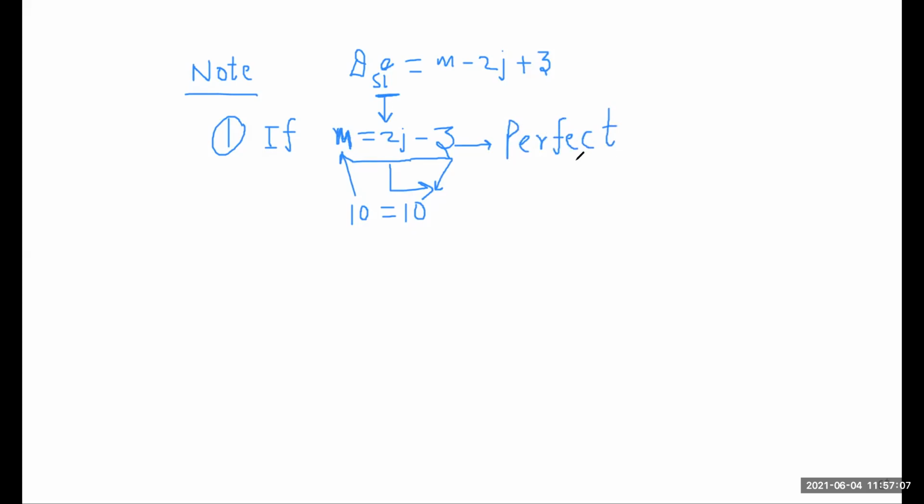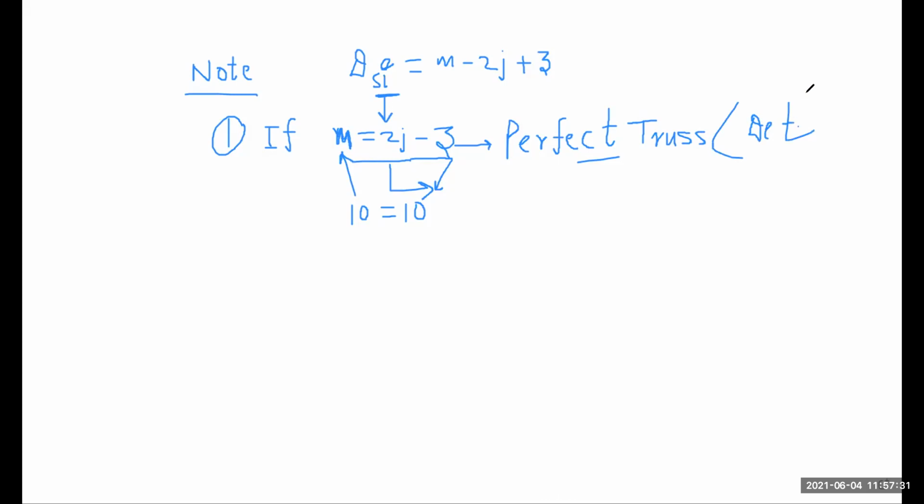So just remember, if m is equal to 2j minus 3, it is called a perfect truss of determinate type. Perfect truss and determinate.